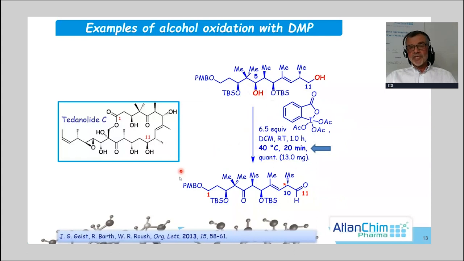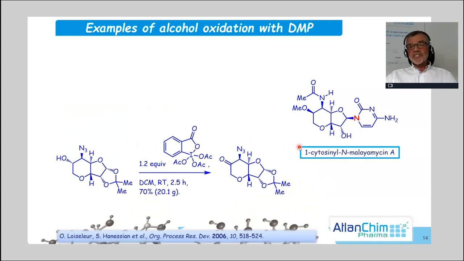The fully protected C1-C11 fragment was obtained as a single isomer in almost quantitative yield, with no evidence of epimerization at C10.